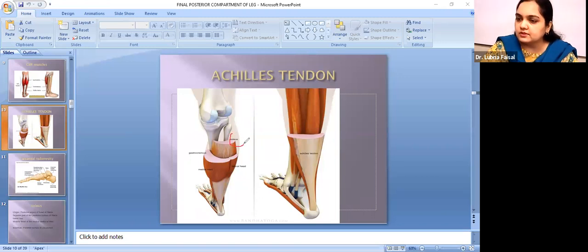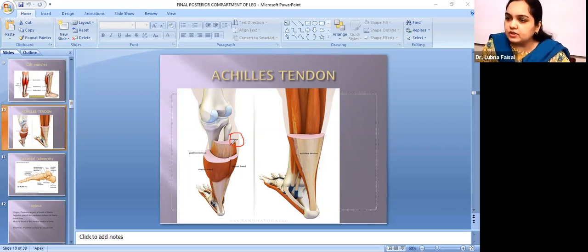You are able to identify this soleus muscle when the gastrocnemius muscle is removed. Soleus is flat, not fusiform in shape like the gastrocnemius muscle. The gastrocnemius has a fusiform appearance, while the soleus is flat in comparison.